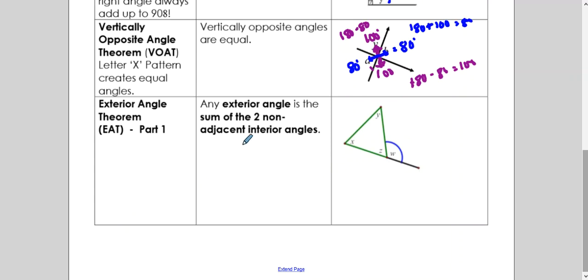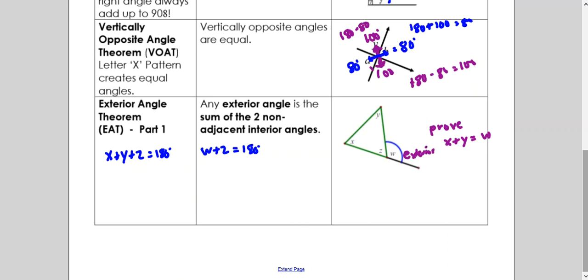If we know that x plus y plus z is 180, and we also know that w plus z is 180, we're going to prove that x plus y is equal to this exterior angle right here.